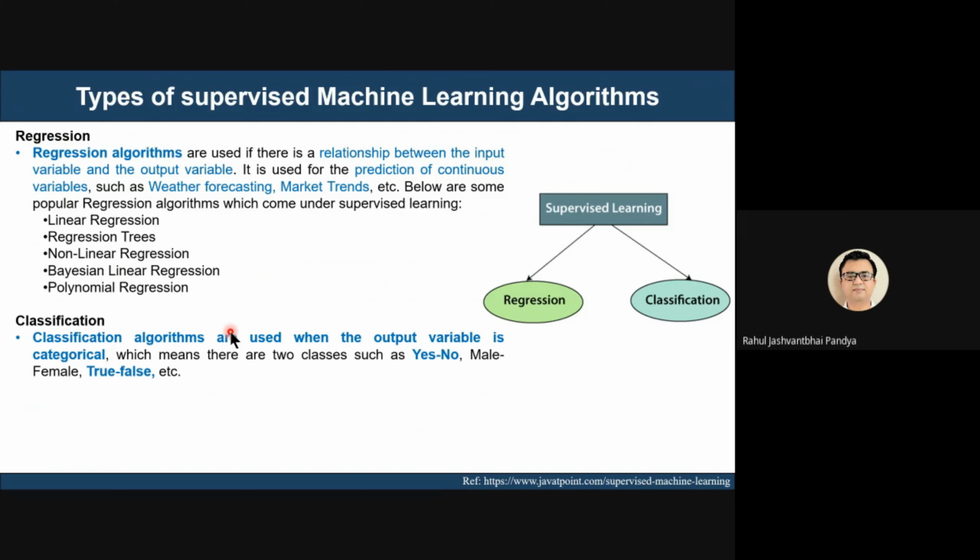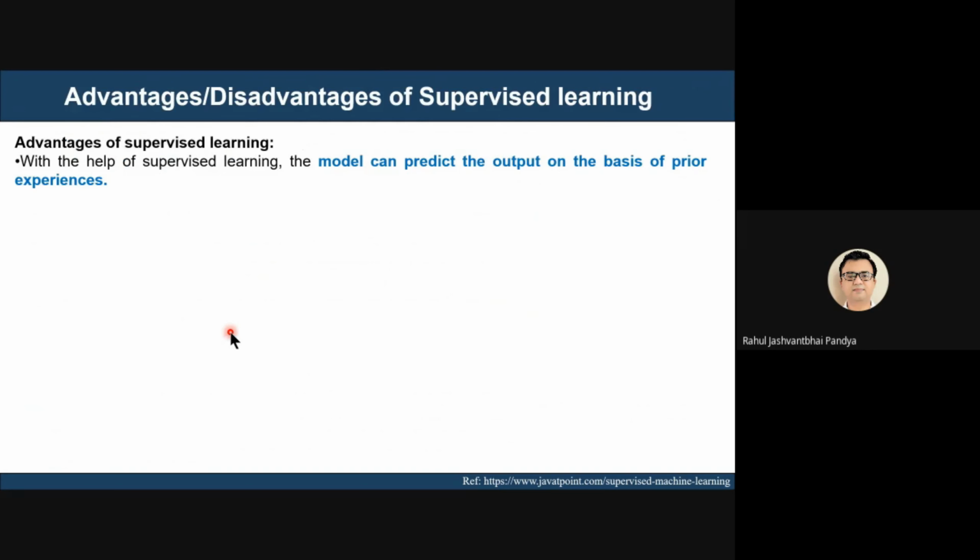Let's say a person is sick or not sick, or a person has cancer or not, or maybe a person is male or female. That kind of outcome, when we have that kind of task, we use the classification algorithms. Mainly, it is used for spam filtering. Right, and the algorithms we use under the classification category are random forest, decision trees, logistic regression, support vector machines, etc. We will explore them.